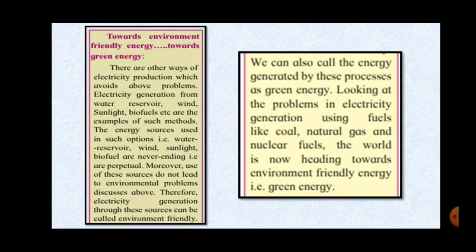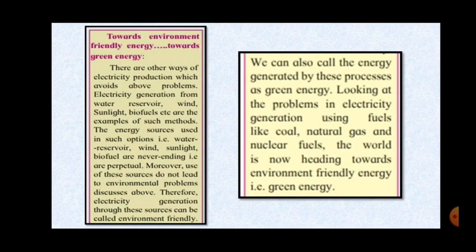Now, all these processes are green energy because we had seen that in the three power plants where the fuels are used in the form of coal or natural gas or the radioactive elements, they lead to the pollution of the environment. They are leading to adverse effects on the environment.